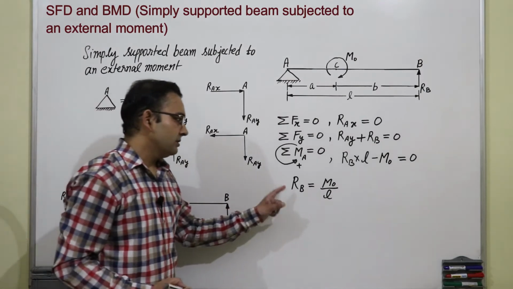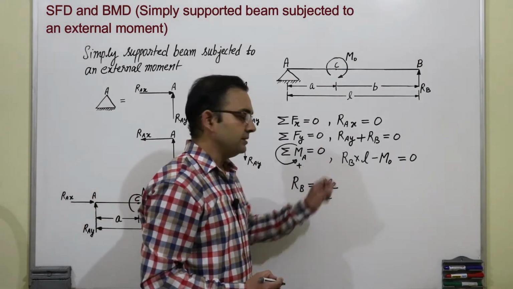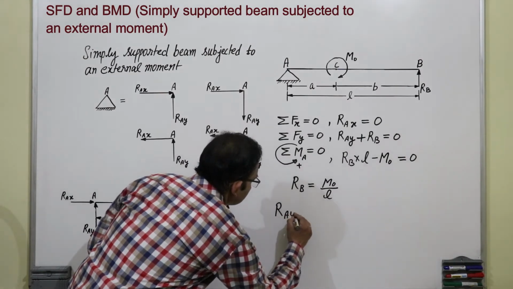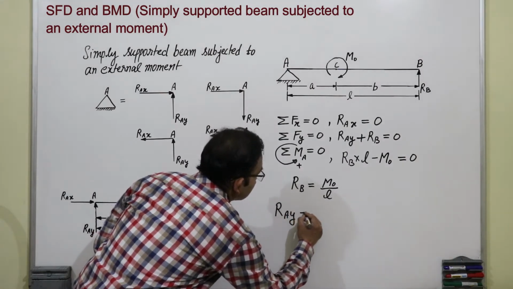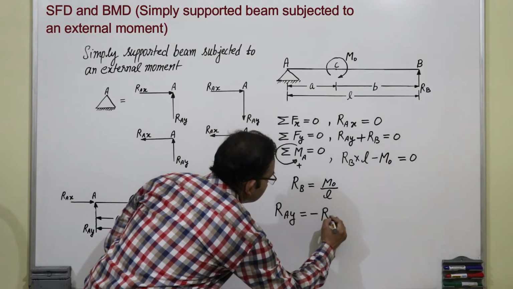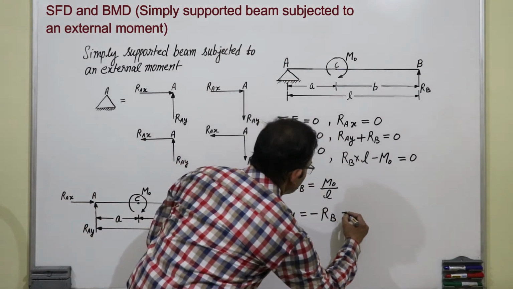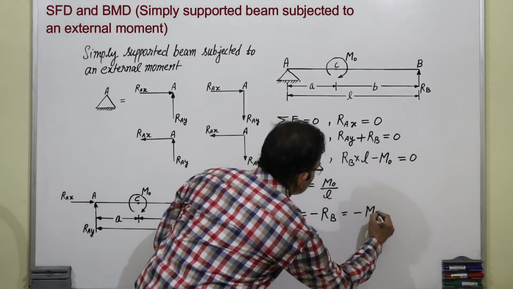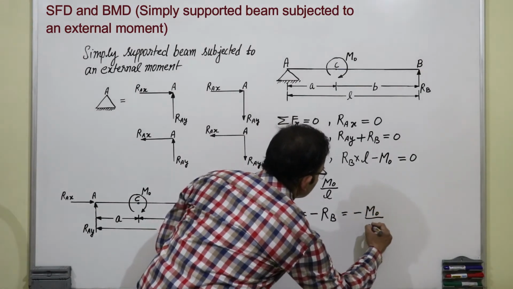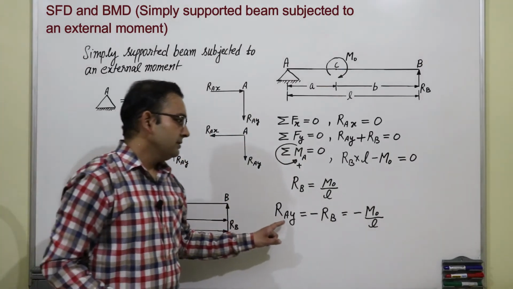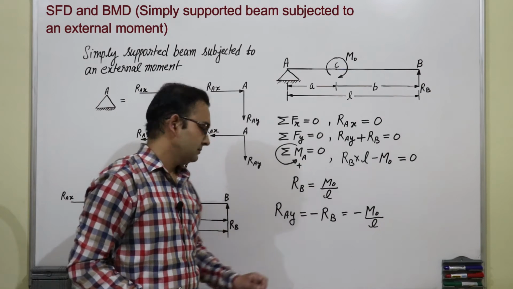After calculating RB, we can calculate RAY. So RAY equal to minus RB from this equation, equal to minus M0 upon L. So RAY is negative.